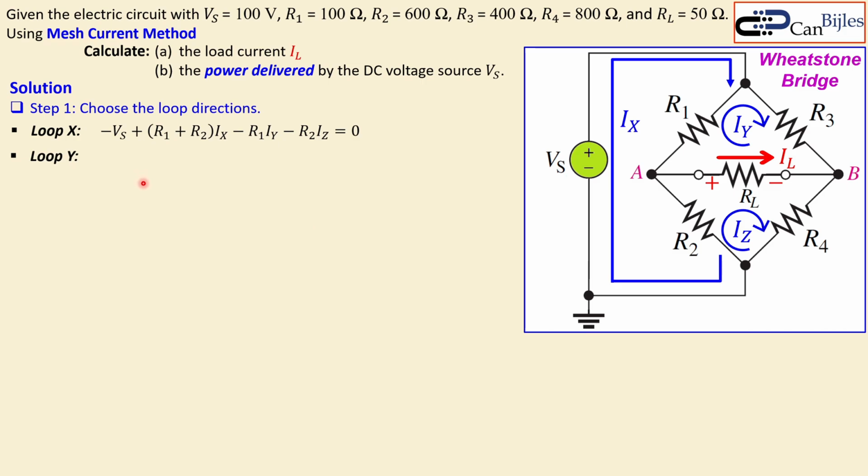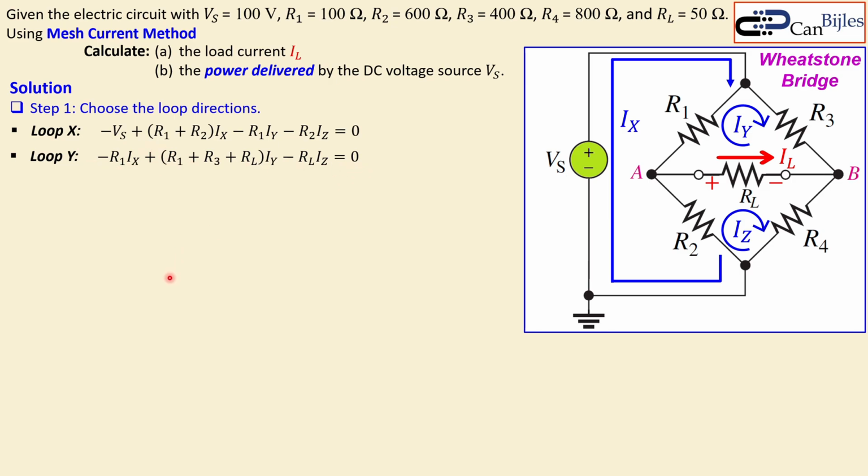Now similarly, we look at loop Y. Again, our orientation is clockwise, so let's write down all the resistors that are positive for Iy, which are R1, R3 and RL. So that's actually for the Iy. That's why we have a plus sign here.